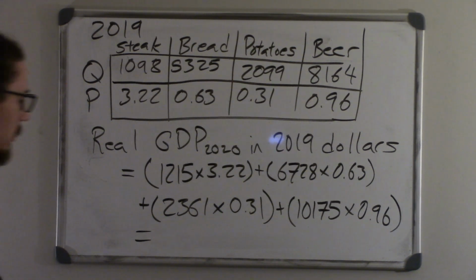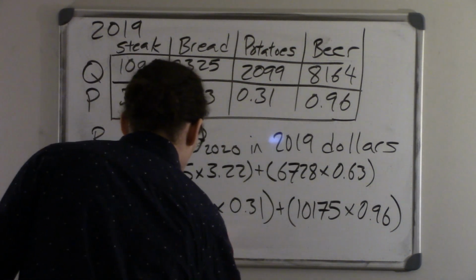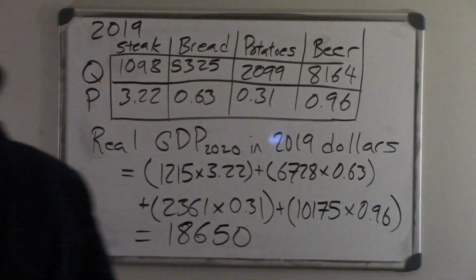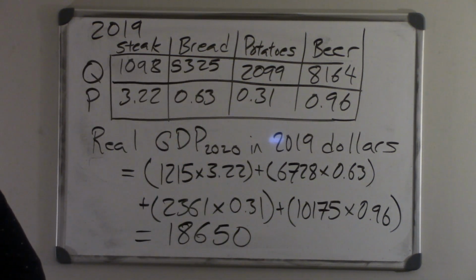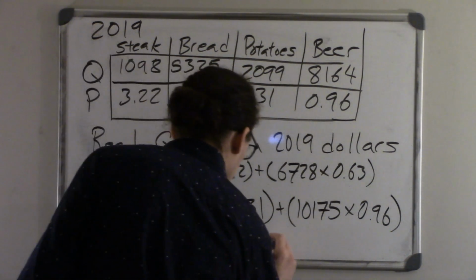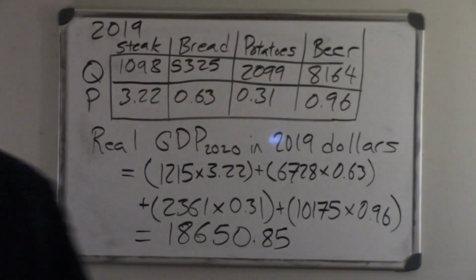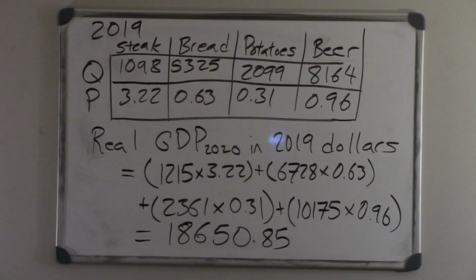All right, but once we plug all of that in, we are going to get a value of 18,650.85. All right, and so that would be our real GDP for 2020.